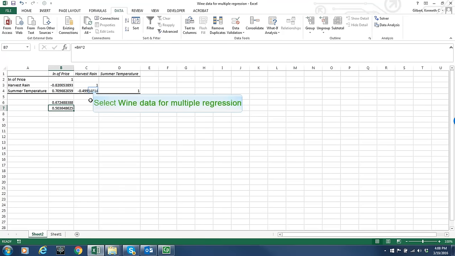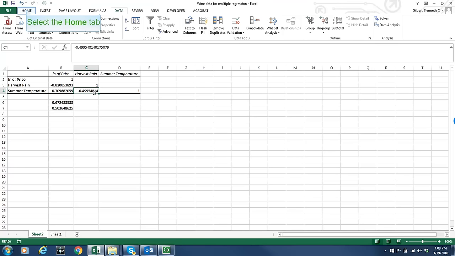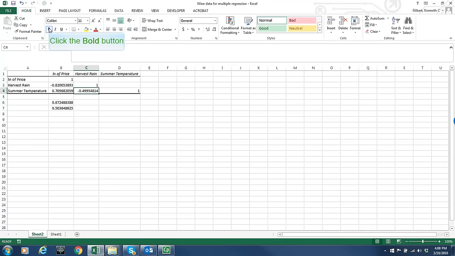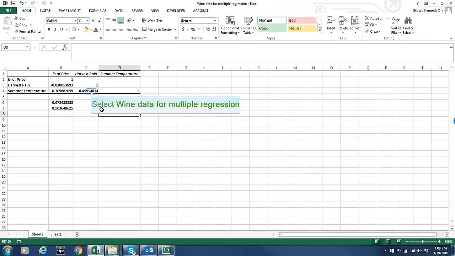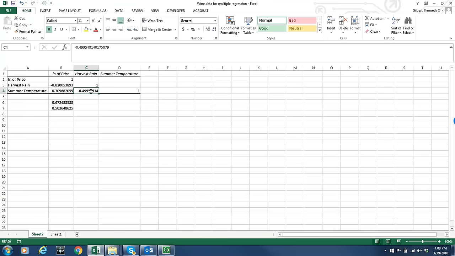And the way that I know that is true, other than the fact that they both sum to something bigger than 1, is the fact that the correlation between my two input variables is about minus 0.5. So it says the hotter it is, the drier it's going to be. In other words, as summer temperature goes up, harvest rain goes down.